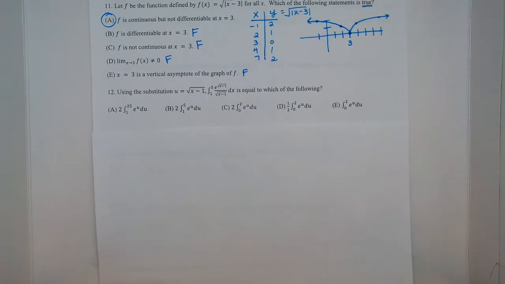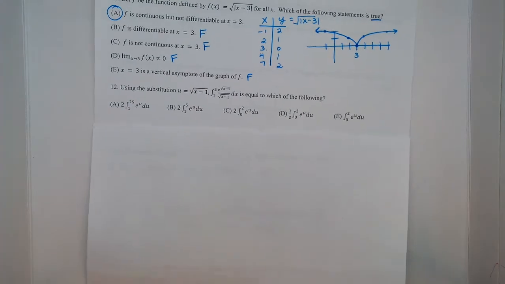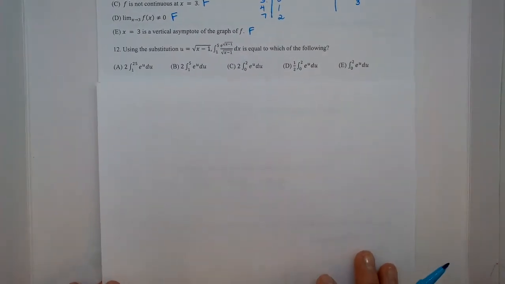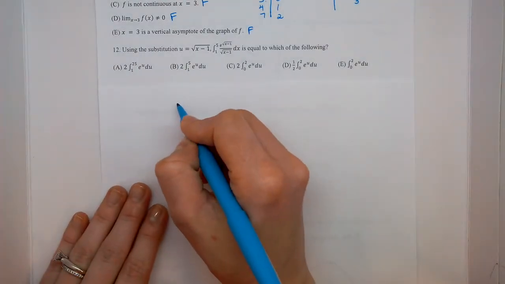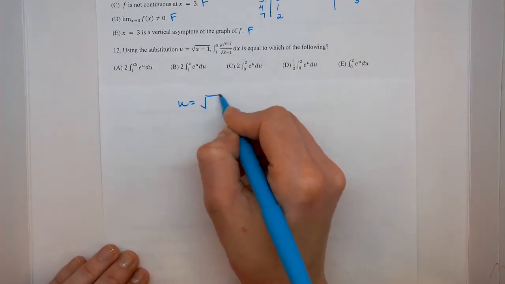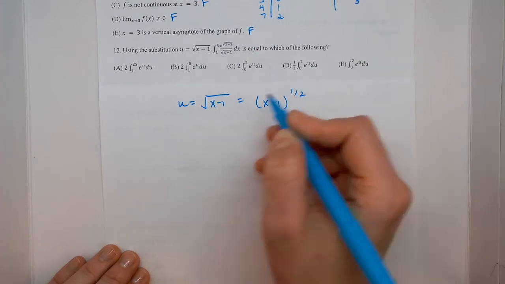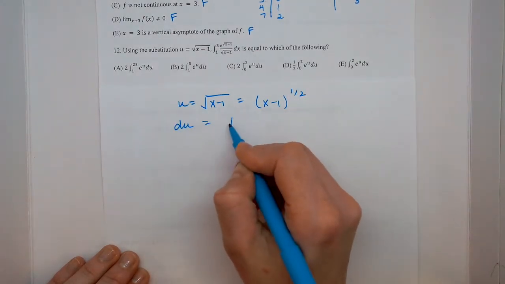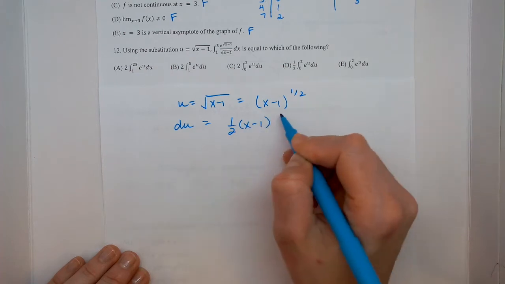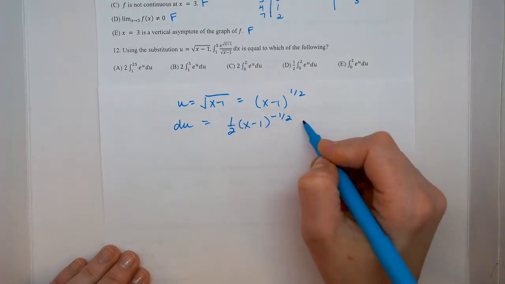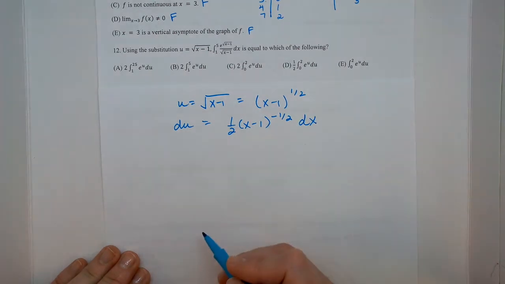Okay, on number 12, we're using u substitution, and we're just going to set up the integral. We don't actually have to solve it. So let's set up this integral. We've got u is equal to the square root of x minus 1, which I'll write as (x minus 1) to the 1/2. du then would be 1/2 (x minus 1) to the negative 1/2 times the derivative of the inside, which is just 1, dx.